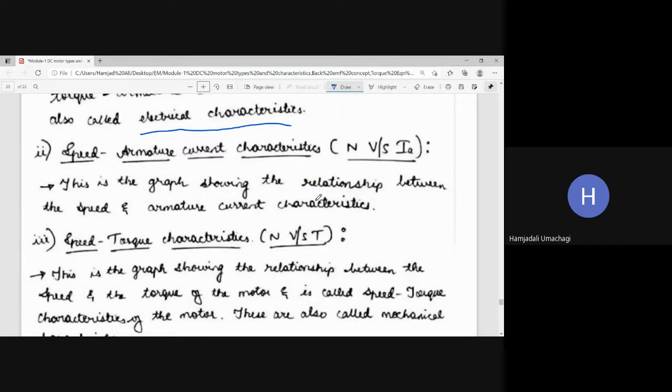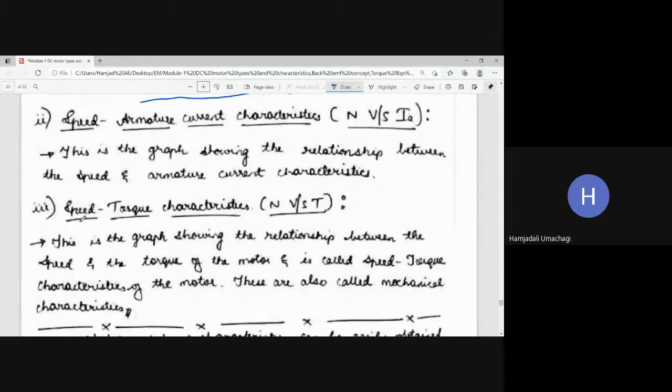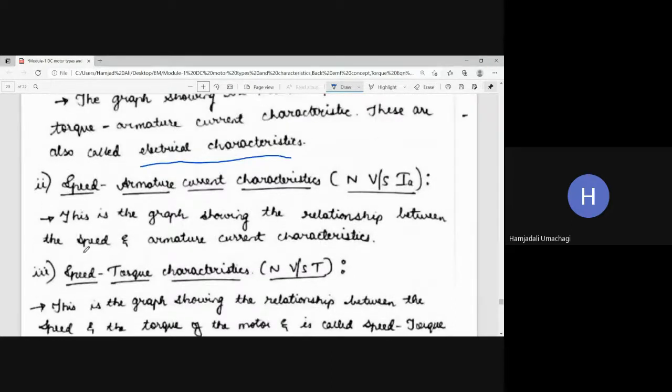Third one is speed versus torque. Speed versus torque, speed is what here? Whether it is a mechanical or electrical quantity. Mechanical. And what about torque? Torque is also mechanical, speed is also mechanical.